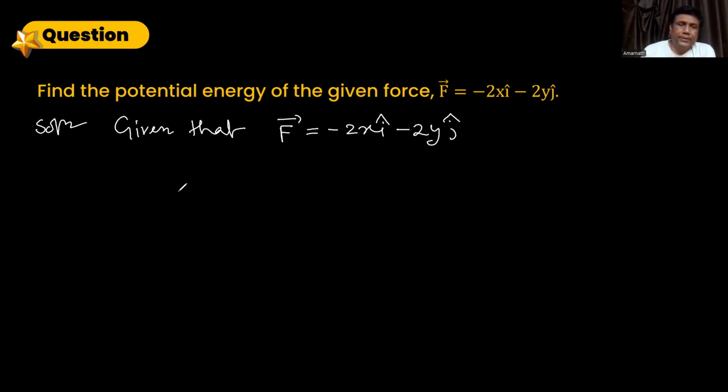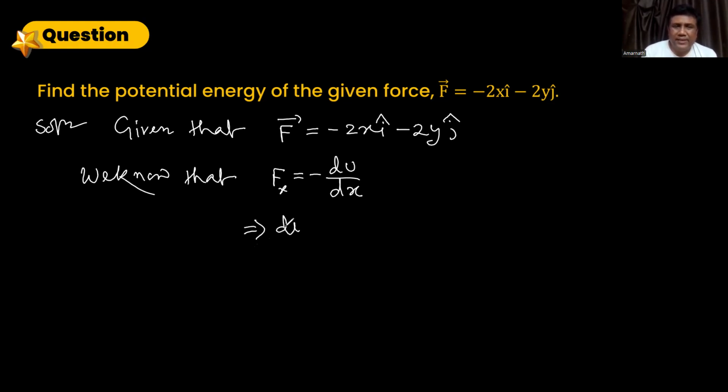But we know that F equal to minus du upon dr. If I write x, it will be Fx. So from that you can see du will be minus Fx dx only.